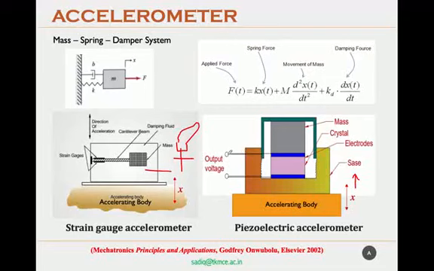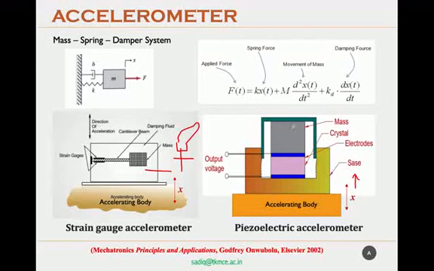The output voltage is a reflection of the force applied by the mass on the crystal, and that is directly connected with the movement of the body in the upward direction. Now, if the body is moving in the downward direction, what happens is this mass will be released, force will be released.